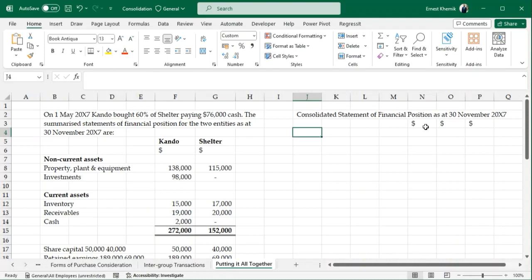We talked about loans, and then interest on loans and dividend payments and how to trace them in the consolidated financial statements. So in this particular question, we are going to put it all together. This is a very standardized question, and so we are going to look at it and see how we can do the various adjustments both in the workings and then on the face of the consolidated financial statements.